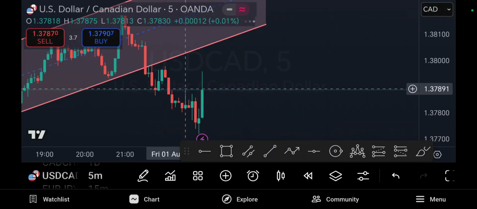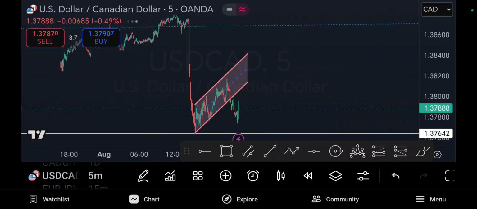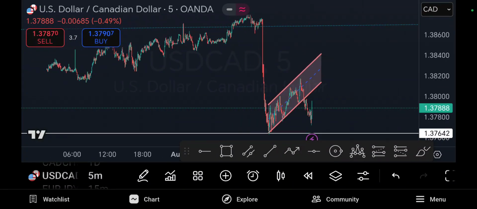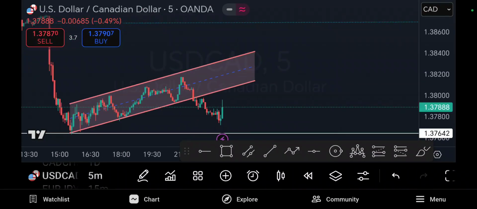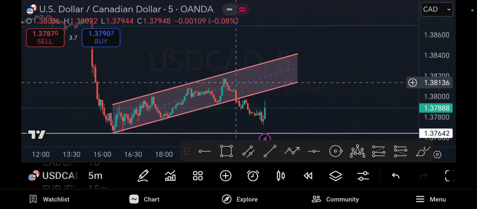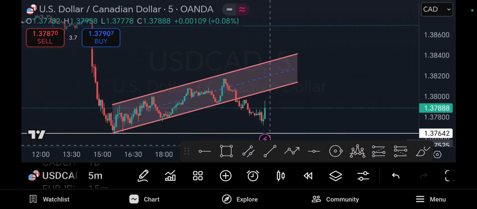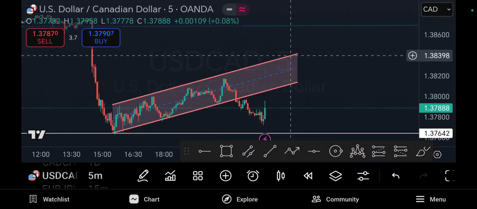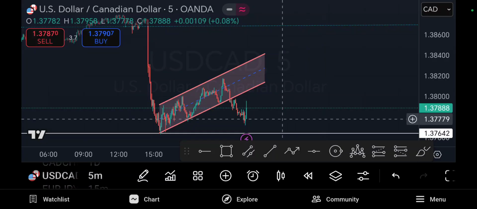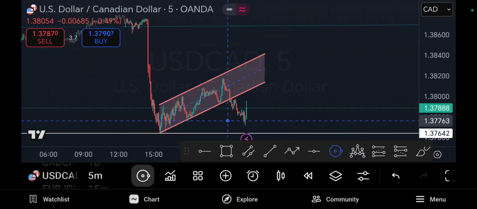So on the 5 minute, the buys could also be coming in as well, because it consolidated to the upside, but then also it consolidated back to the downside, meaning we could expect the push to the upside also, because we are above the zone here.